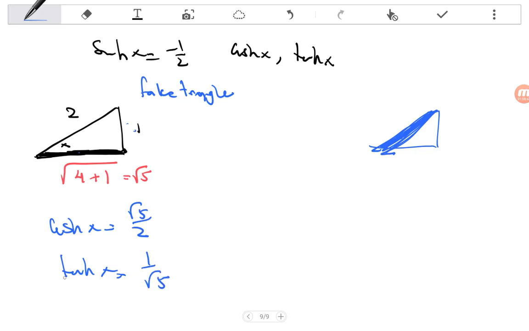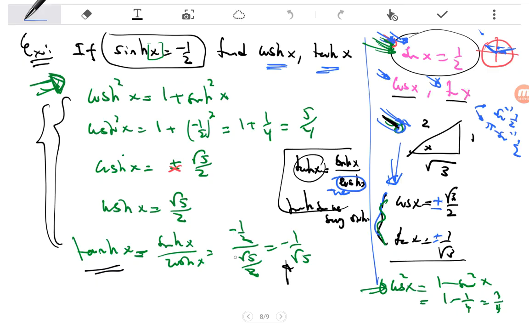And remember the rule that a tangent has the same sign as the sine. So that's why it will have a negative sign like this. Okay? Now let's compare these two values with the values that we got from the rules.